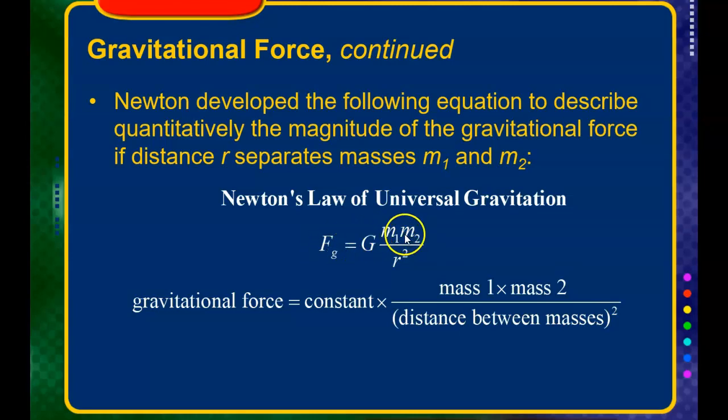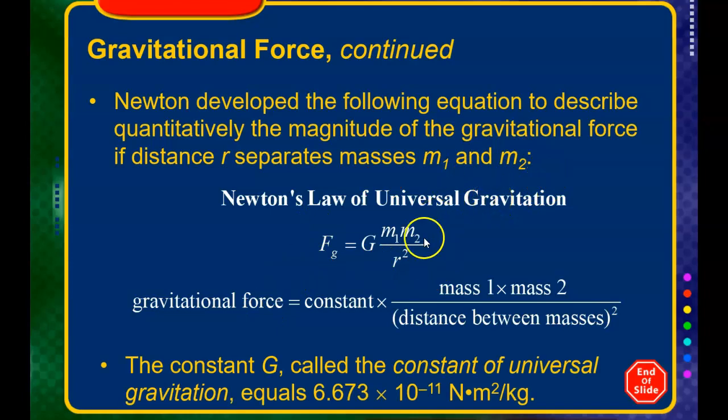If the masses double, so does the gravitational force. However, the distance between them is what's called an inverse square relationship. If you double the distance between them, your gravitational force decreases to 1 over 2 squared, or 1/4 as much. So the farther you get away, the much less gravitational force you have acting between objects.